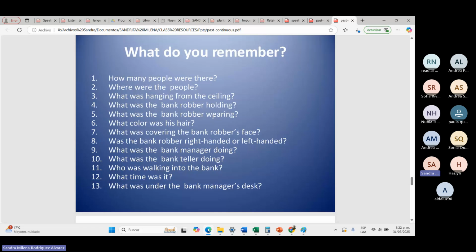What was hanging from the ceiling? What was the bank robber holding?